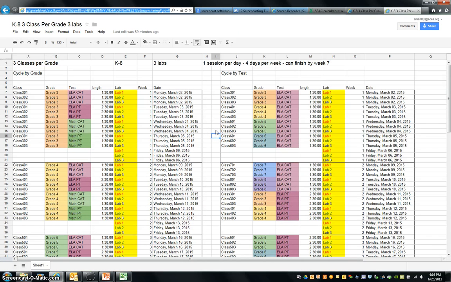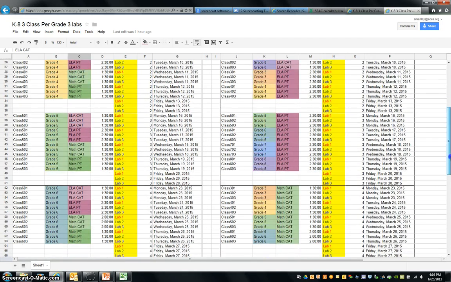By having 3 labs and 3 classes per grade in this particular school, you can see that it went from a brutal schedule of every day with no real structure to the fact that if I wanted to cycle them by grade, in other words, go grade 3, grade 4, grade 5, because I have 3 labs and 3 classrooms, there's 4 tests. Basically, I could test 4 days per week, 1 session per day, and I could finish each grade off 1 week at a time. So that would be one way that we could add structure to it.